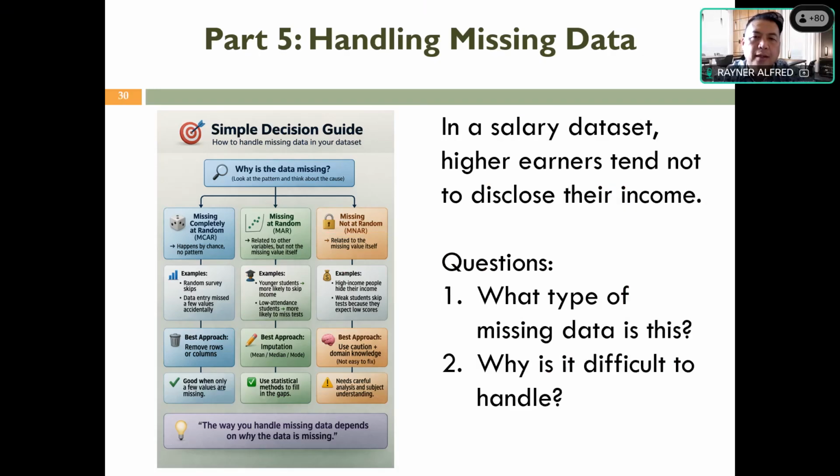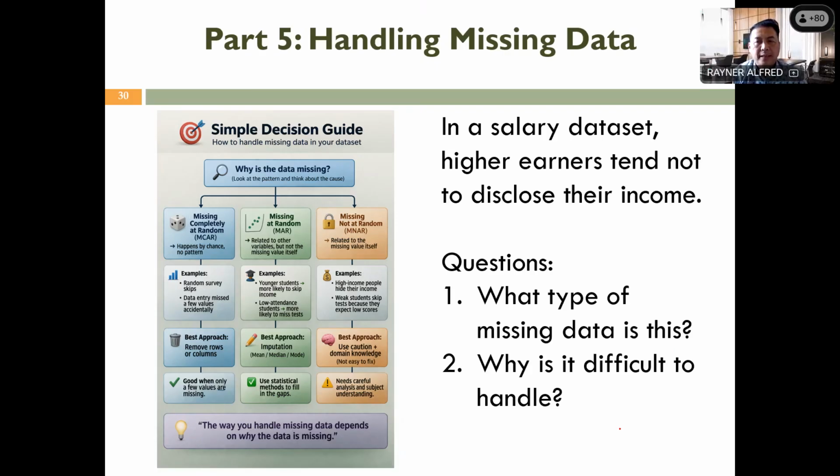Okay. Second one. Salary dataset, higher earners tend not to disclose their income. So what type of missing data is this? Very good.